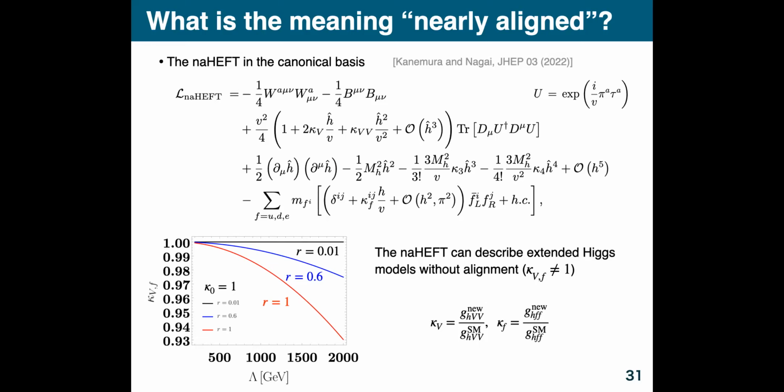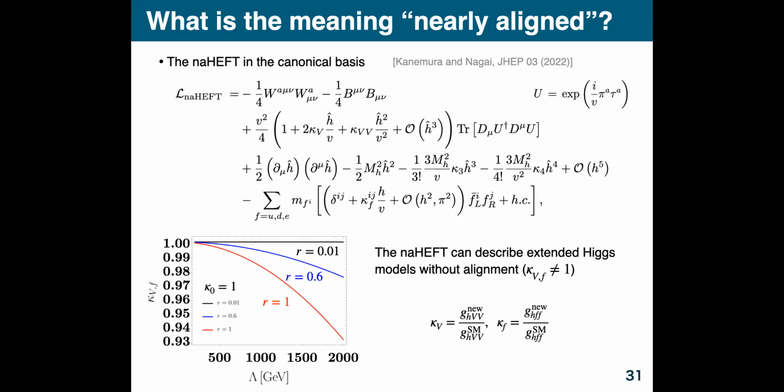But in this parameterization, there is no nearly aligned or whatever. It's just a general parameterization. I didn't get your point. If you just adopt Higgs EFT, then this is just an effective Lagrangian.